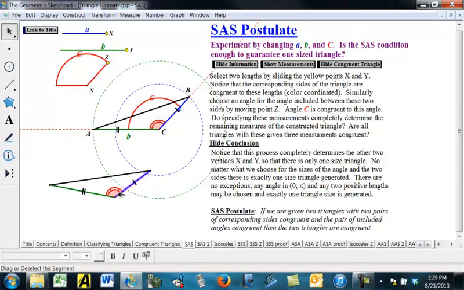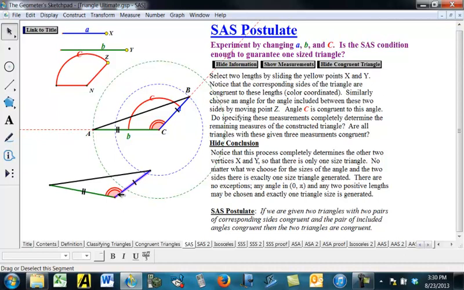Now, this actually is a postulate. This is a little harder to explain why, but it turns out there are other geometries besides Euclidean geometry where the side-angle-side postulate does not work. Those are not the kind of geometries we study in an elementary geometry course or a trigonometry course.